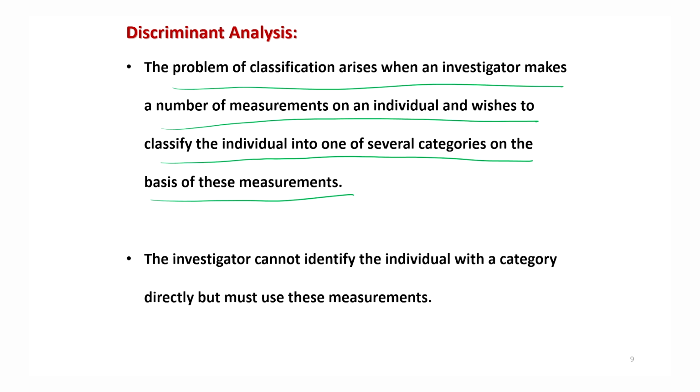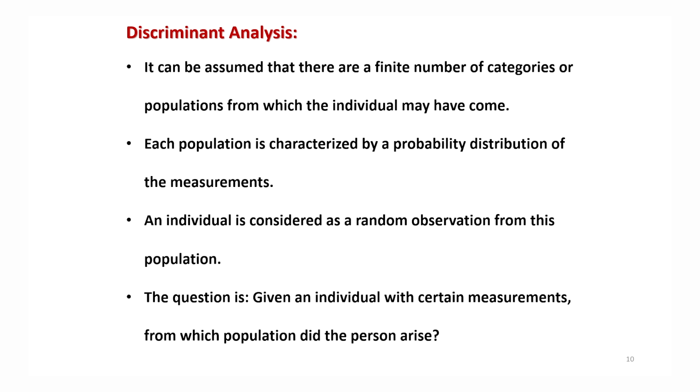The problem is that the investigator cannot identify the individual's category directly, but has to use certain measurements to decide whether the person belongs to category 1, category 2, and so on. We are assuming here that we deal only with a finite number of categories, or a finite number of populations from which the individual may have come. The only thing is, we don't know from which population the observation is coming.